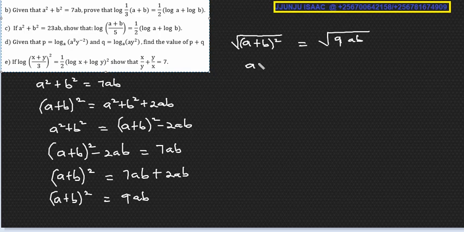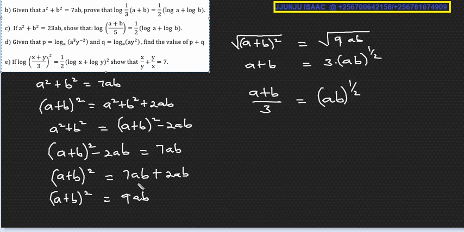So this will give us a + b, and the other one will give us 3 times the root of ab, which is the same as a half power. I think you can see this half here. Now you are seeing the (a + b) over 3, meaning this 3 should come this side, and we write (a + b)/3 equal to (ab)^(1/2). This is the root.